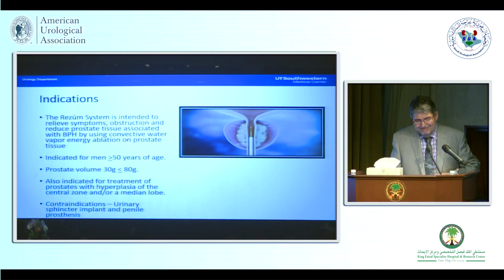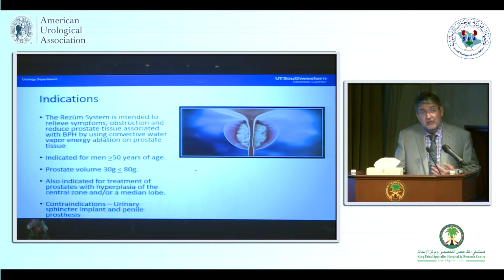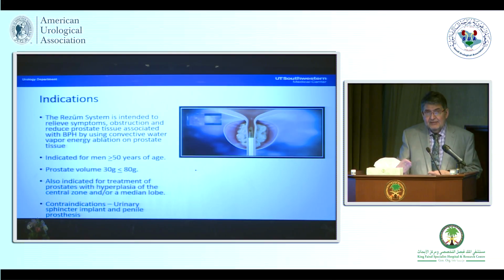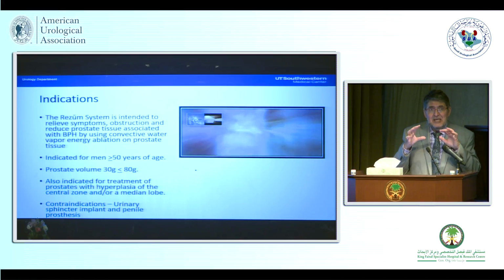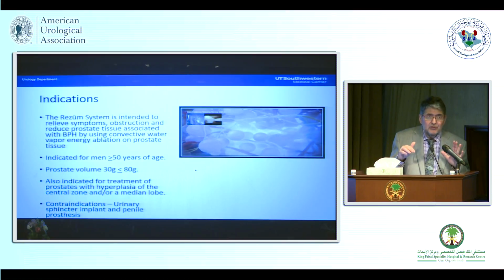And so it's currently indicated for men over the age of 50, prostate 30 to 80 grams, including men with a middle lobe. And it's done by injecting the steam through a rigid cystoscope, specially made, through a needle into various portions of the prostate. And when the steam is injected, as this little cartoon shows, the steam condenses immediately, a phase change back to water.